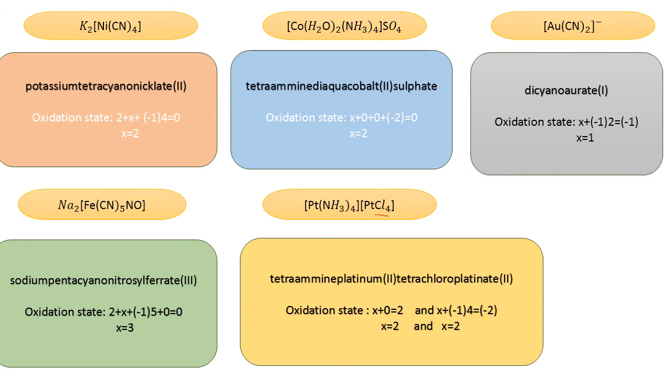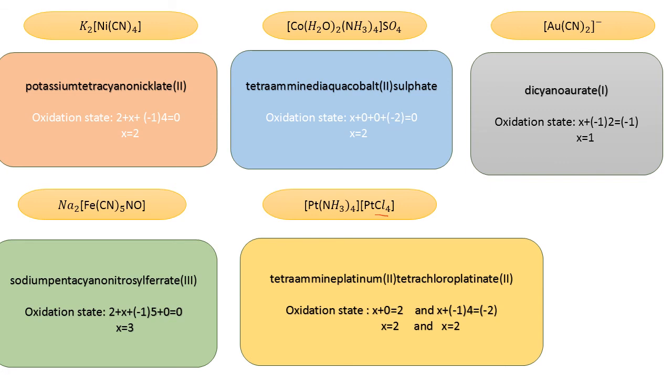Now finding the oxidation state for both, taking platinum Pt as X, plus we know that the charge of amine is 0. So X plus 0 is equal to 2, because this complex has plus 2 charge, hence X is equal to 2.